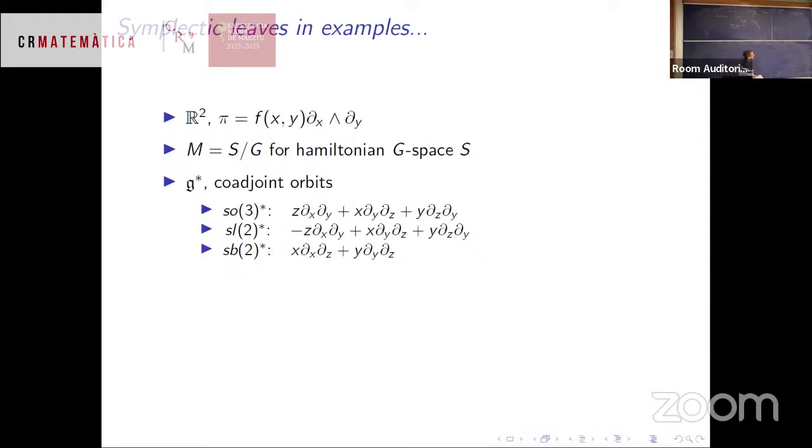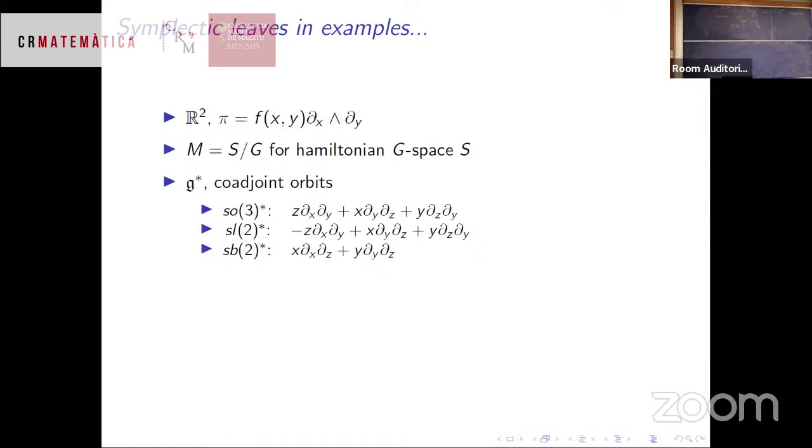In the case of so(3), the dual of so(3), these are all three-dimensional Lie algebras, like R3, and these are the bivector fields that you get. They just encode the bracket relations. So on so(3), the bracket of x, y is z, y, z is x, and z, x is y.